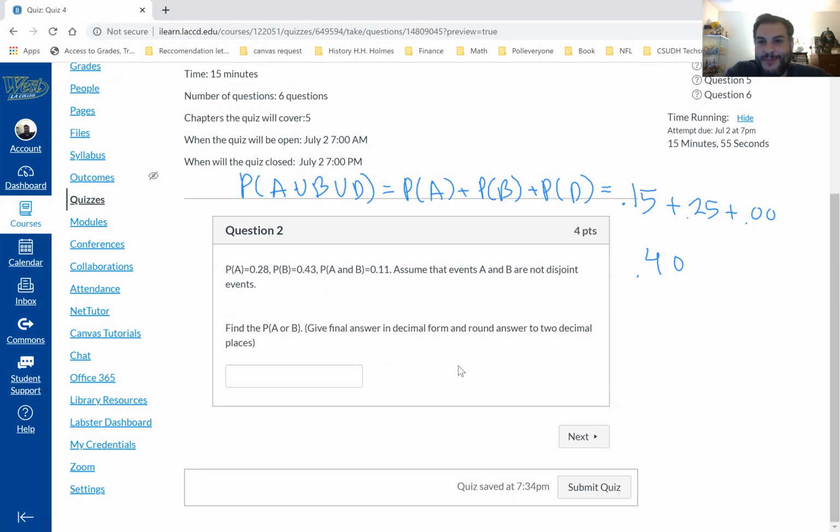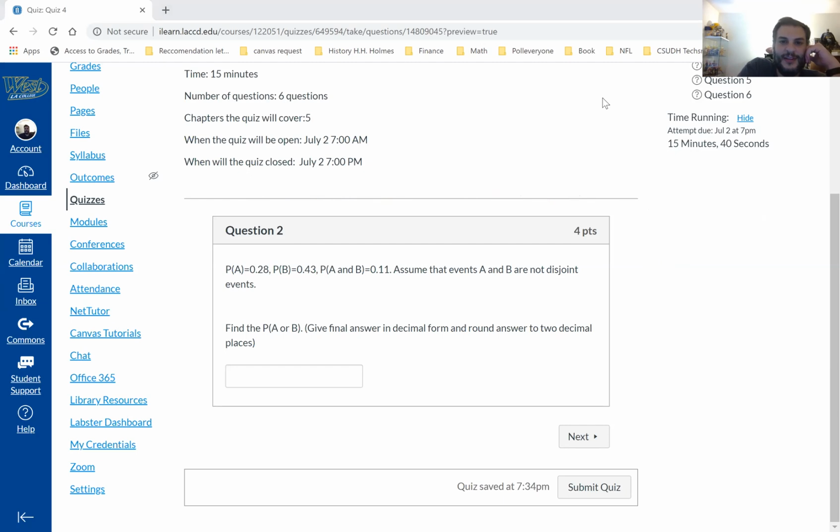The last probability is telling me it's possible for both of these events to occur at the same time. Let me draw. If you look at the instruction I gave you right here, I even told you to assume that events A and B are not disjoint. That means they share something in common.